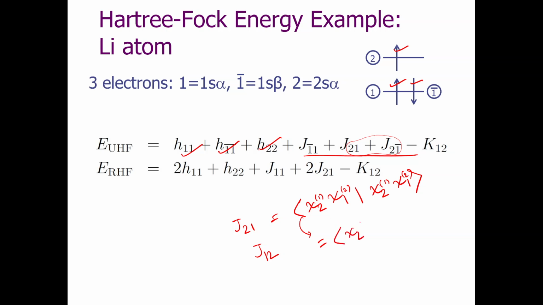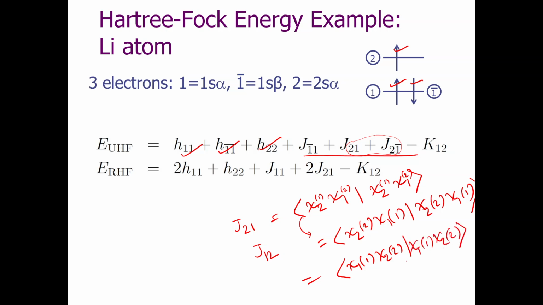I can write chi2 2, chi1 1, chi2 2, chi1 1. This is not the way we actually write the Dirac notation. We write the first electron, second, first and second. I'm just showing you. So actually this is your chi1 1, chi2 2, chi1, chi2.